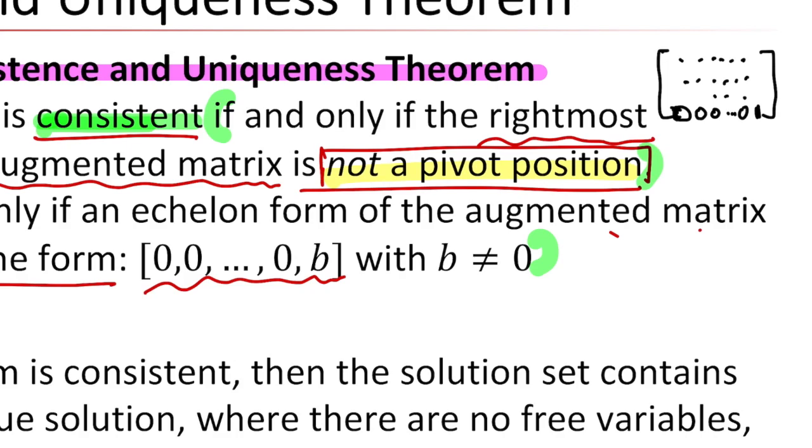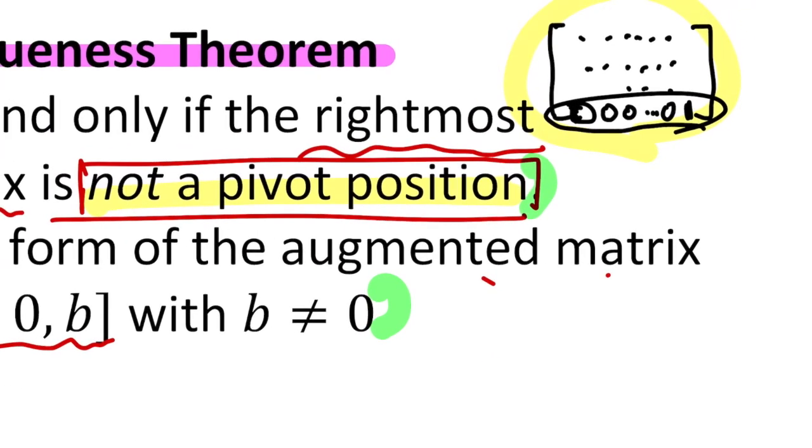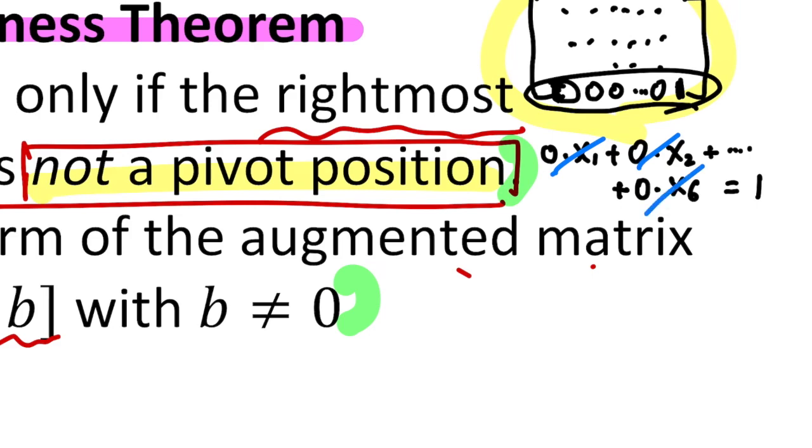If we have the echelon form of the matrix like this, what does the last row mean? We can represent this last row as an equation like 0 times x1 plus 0 times x2 plus 0 times, let's say, x6, is equal to 1, right? In other words, because this is only 0, it means that 0 is equal to 1.